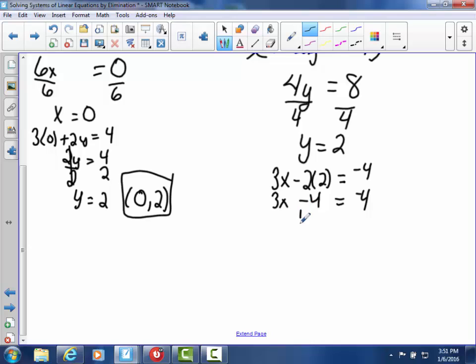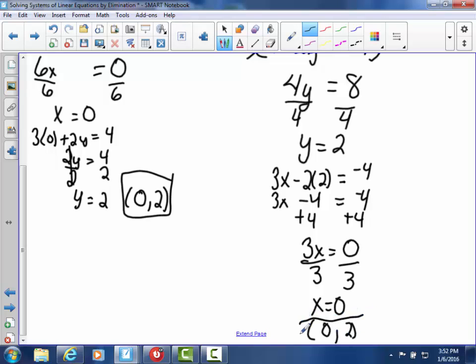And then we would add the 4 to both sides. And we get 3x equals 0. We divide both sides by 3, x equals 0. So we did get the same point. X is 0, y is 2. Okay. So we have a couple of options, but now you've seen how to add them together and how to subtract them.